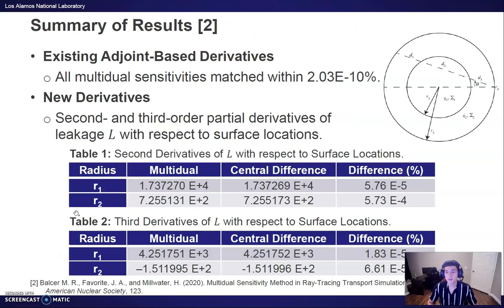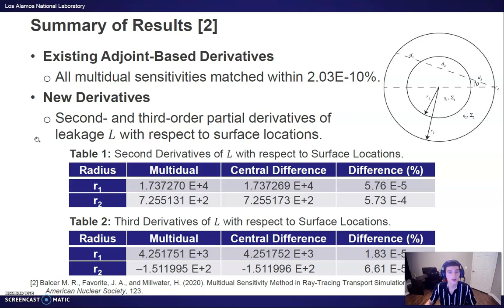We applied this to a two-region sphere, and we found all the multi-dual sensitivities matched within about 2 times 10 to the negative 10 percent of existing adjoint-based derivatives. So in general, they match up through 10 to 12 digits with the existing adjoint-based derivatives.